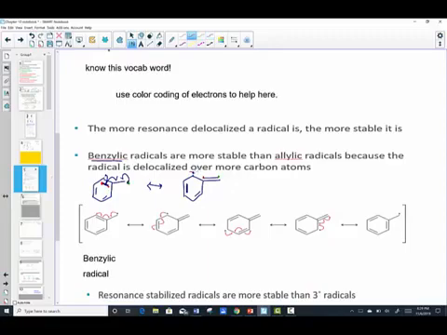This electron with a fishhook arrow and this electron with a fishhook arrow will go on to form a next double bond. This electron here goes to the allylic position with the fishhook, and now there's our next resonance structure.